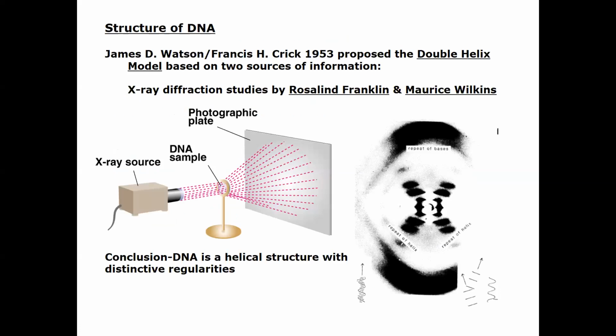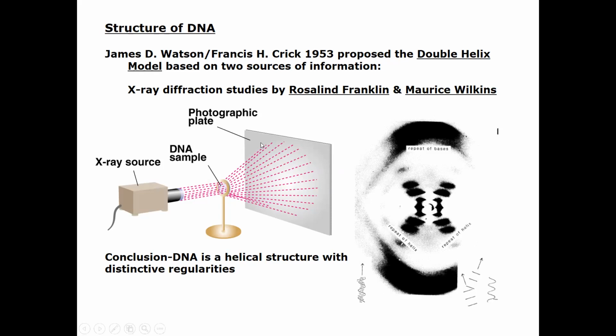And do you know who determined the double helical structure of DNA? It is a historic discovery which significantly promoted the understanding of life science. James Watson and Francis Crick in 1953 for the first time proposed the double helical structure of DNA.